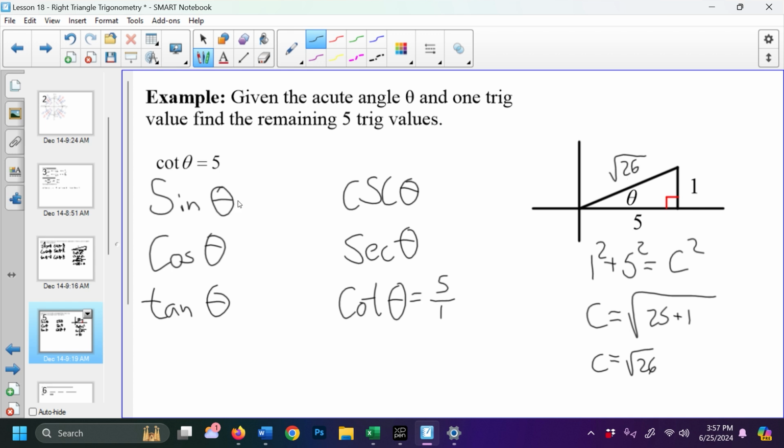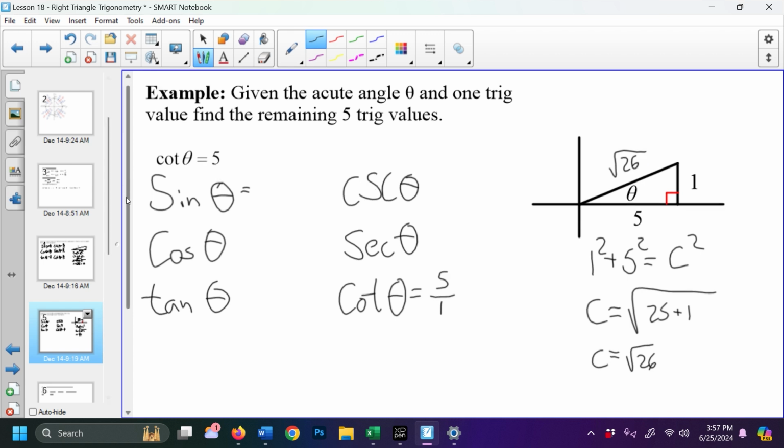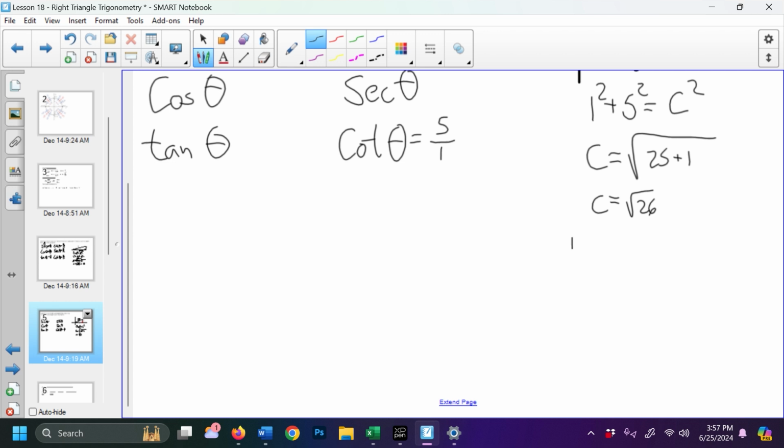Okay, so if I want the sine of theta, that is going to give me the opposite side 1 over the hypotenuse square root of 26. So let me scroll down just a little bit here. That will give me 1 over the square root of 26. Now, you are not supposed to have a square root in the denominator of your final answer.